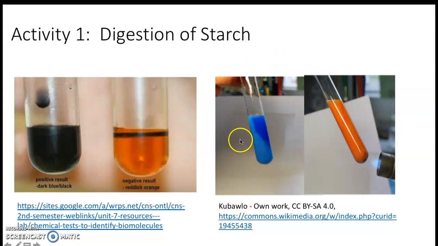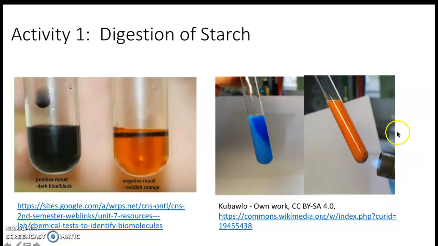When you add the Benedict's reagent to your test tube and you heat it, you should see a color change if there are sugars present. The color change can be anything from a yellow-greenish color to this pretty orange color to a deep brick red color. That color change indicates the presence of sugars in your test tube.